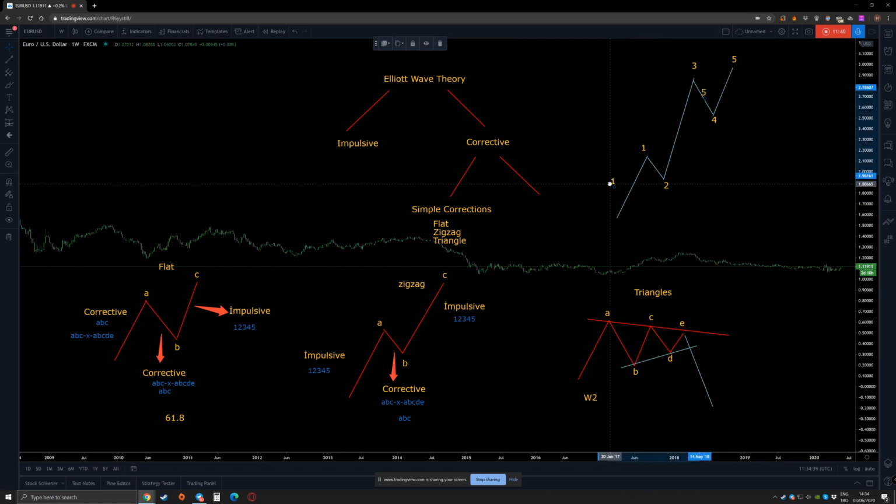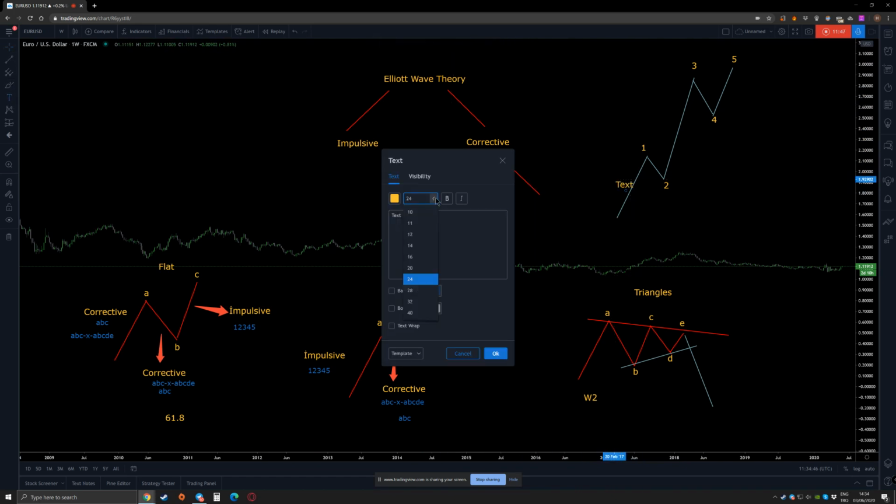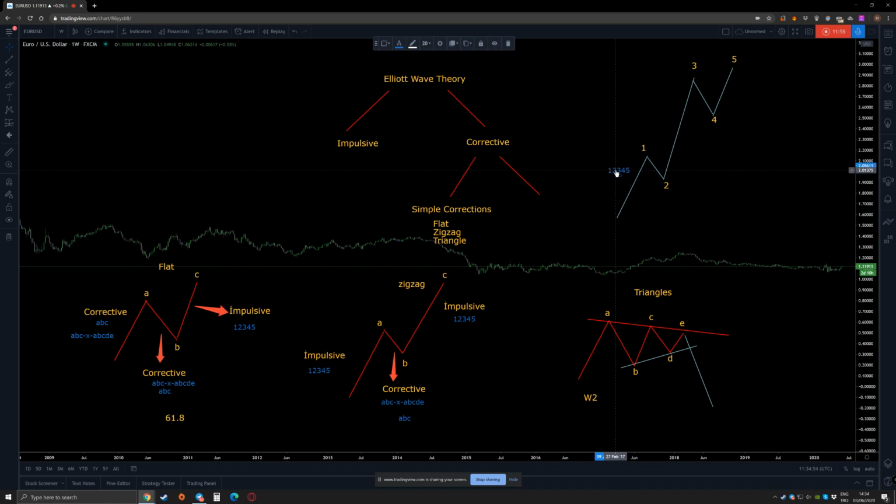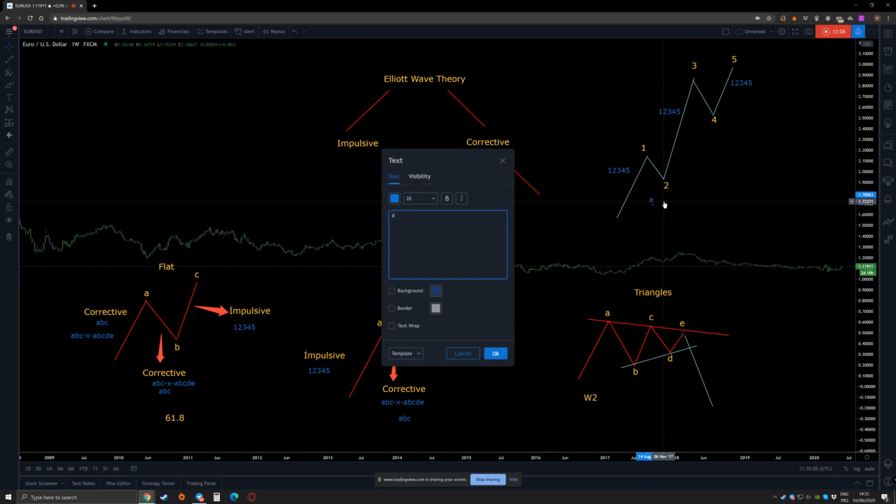So if I choose one lower degree, which let's do it on this blue, just like what we did before, I take this blue. This will be 1, 2, 3, 4, 5. Yes, the first wave, the third wave, and the fifth wave. Now, the second wave cannot be an ABCDE in one degree lower.